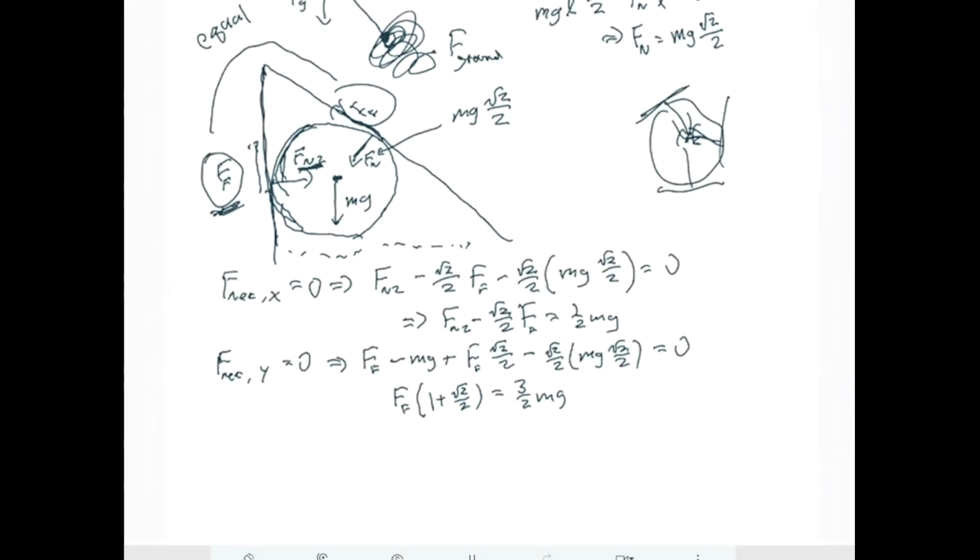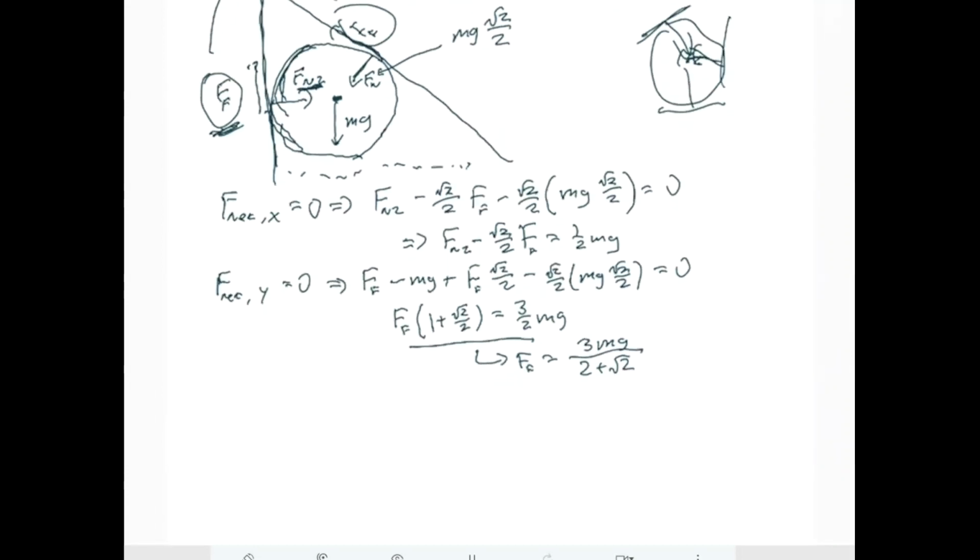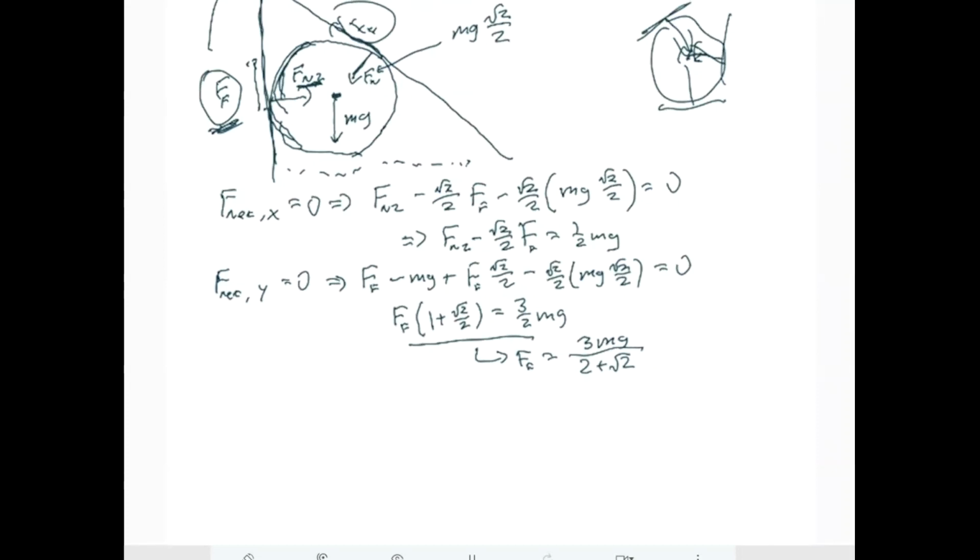Okay, so that's pretty nice because from this second equation, we can immediately solve for friction force. Friction force is 3 mg over 2 plus root 2. Yeah, I think that's what it is. And I think we'll want to simplify this to make it easier. So 6 minus 3 root 2 over 2.